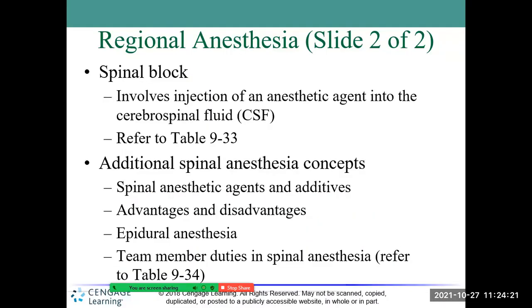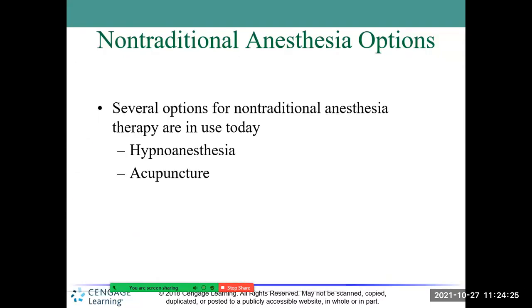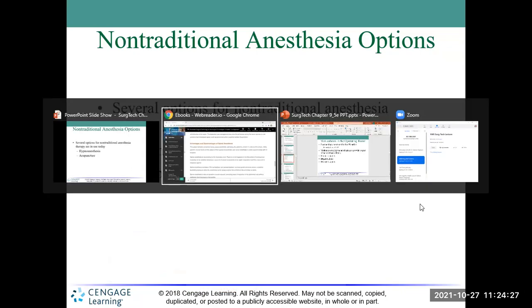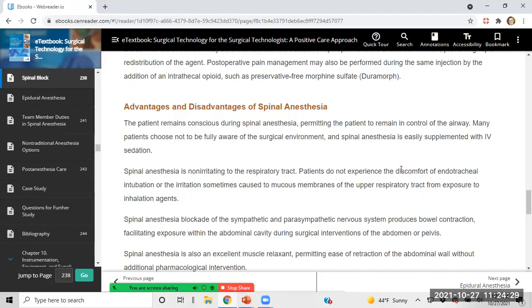Okay, and there are, of course, some advantages and disadvantages to this. So we may see, of course, an advantage is going to be permitting them to not have to be under general anesthesia, so they're able to breathe on their own. And we see these used, of course, a lot in L&D.